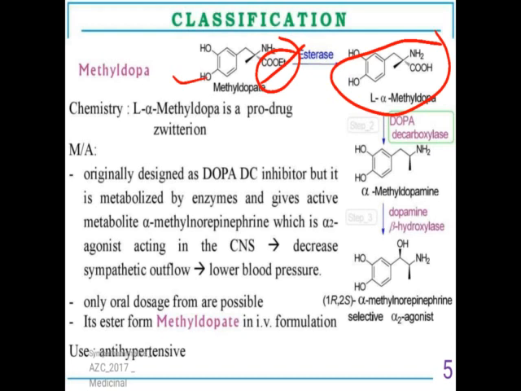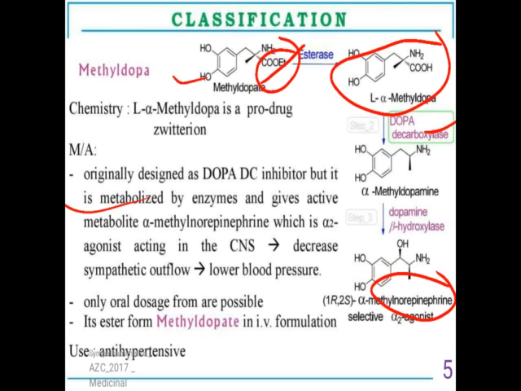This L-alpha-methyldopa undergoes decarboxylation by the enzyme dopamine decarboxylase, and it produces alpha-methyldopamine. And then this alpha-methyldopamine, on hydroxylation, converts into alpha-methylnorepinephrine.